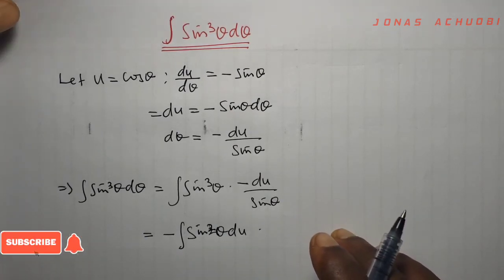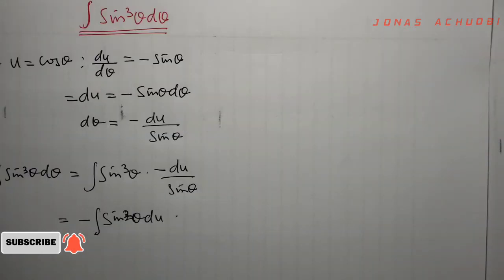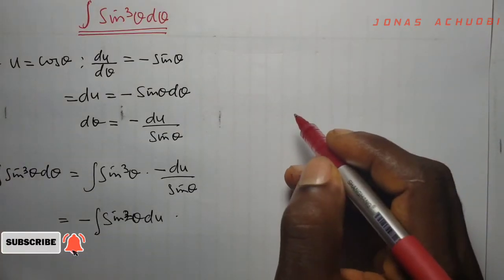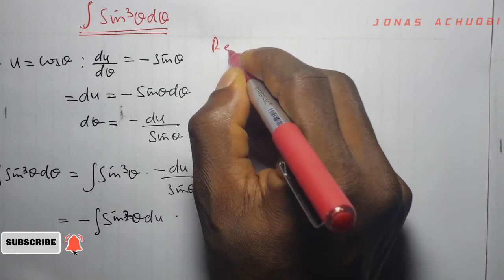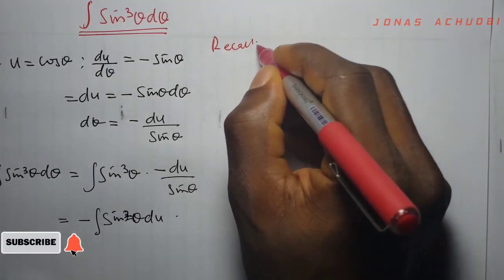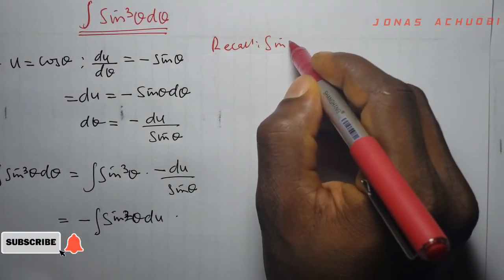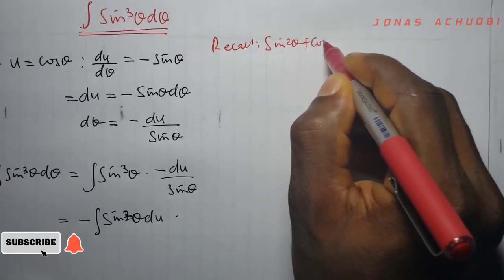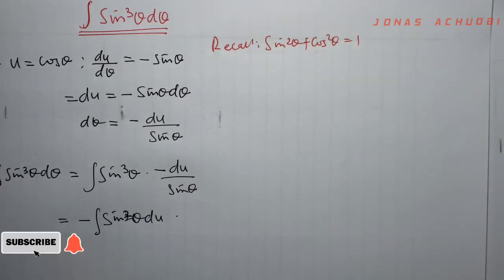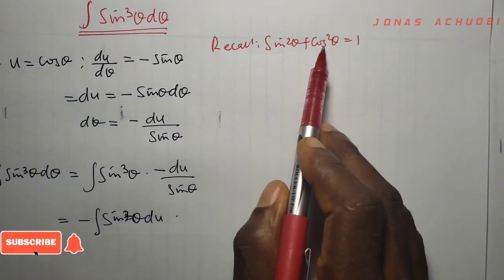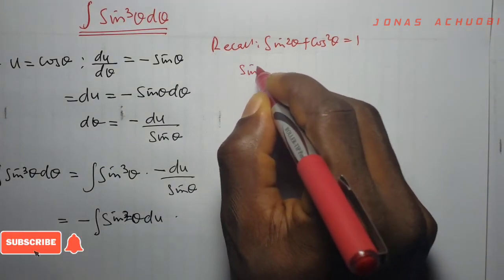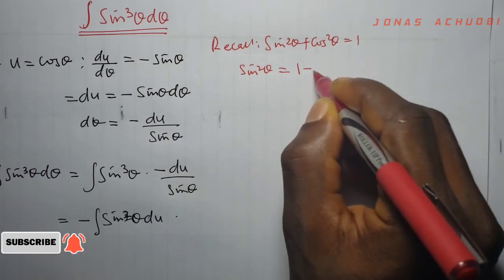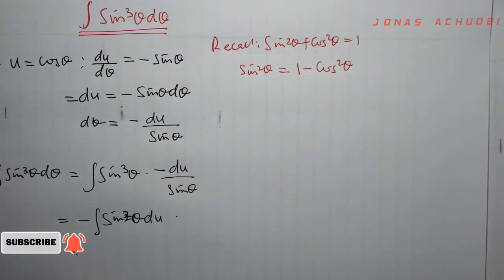Now that we have this, we can write it as follows. We should recall that sine squared theta plus cos squared theta is equal to 1. So if we make sine squared theta the subject, we get that sine squared theta is equal to 1 minus cos squared theta.